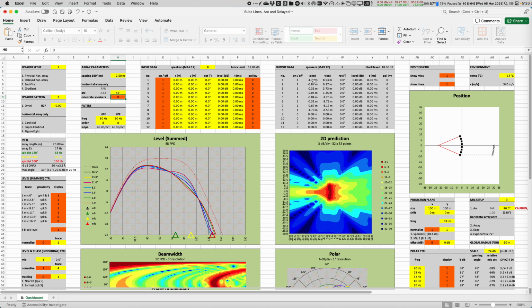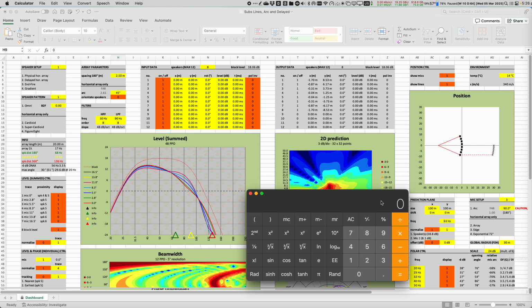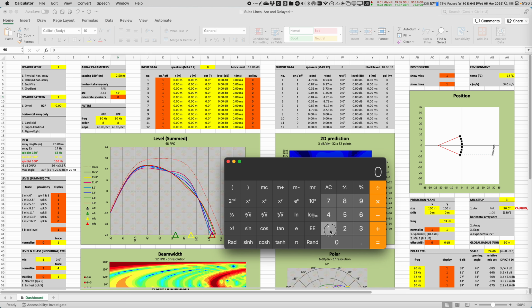So if I do this calculation, 1.7 divided by 340, remember that the value depends on the temperature. You can see that Merlin here indicates at 14 degrees it is 340. Then I forgot that I have to multiply by 1000, because we want it in milliseconds. So this is approximately 5 milliseconds.